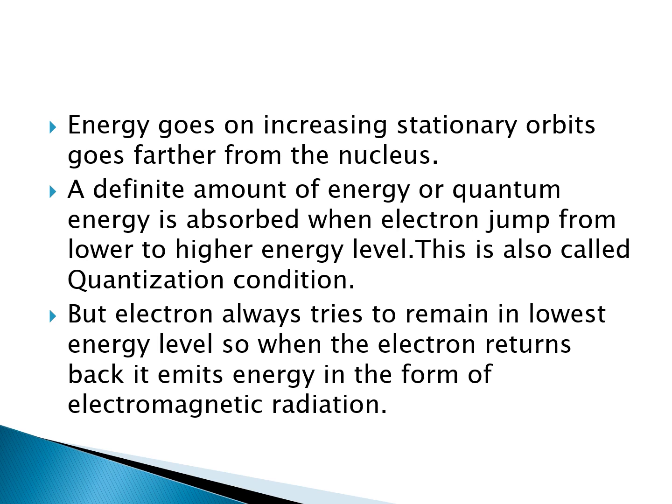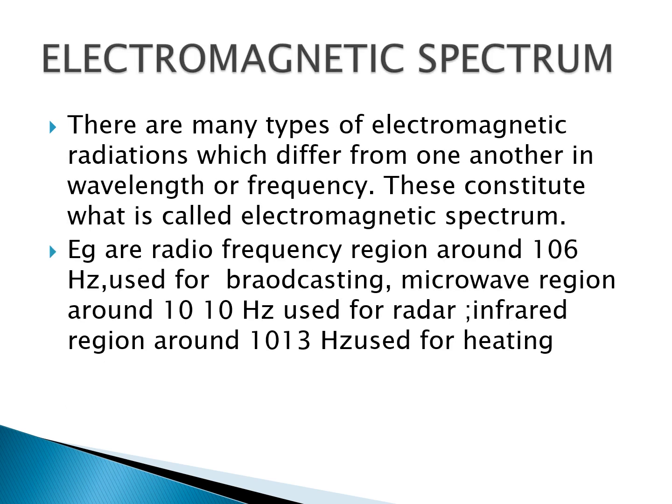But children, you know, an electron always tries to remain in the lower energy level, just as we always remain in our comfort zone. So when the electron returns back to its lower level from the higher one, it emits energy in the form of electromagnetic radiation. Students, we studied electromagnetic radiation in the last period, period number 1.